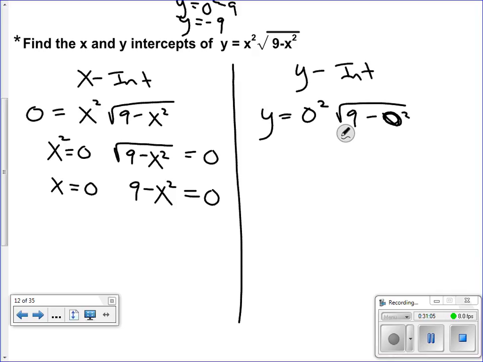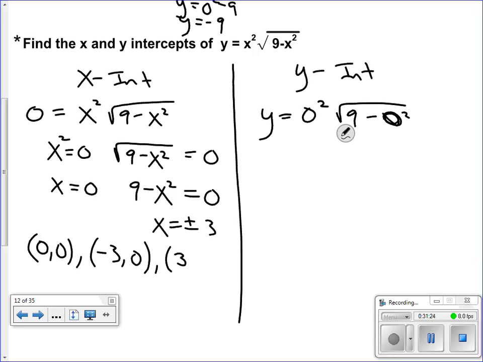What do we get? Plus or minus 3. So there are three x values that'll make y 0. So our x-intercepts are (0, 0), (negative 3, 0), and (3, 0). The graph is going to cross all three points.